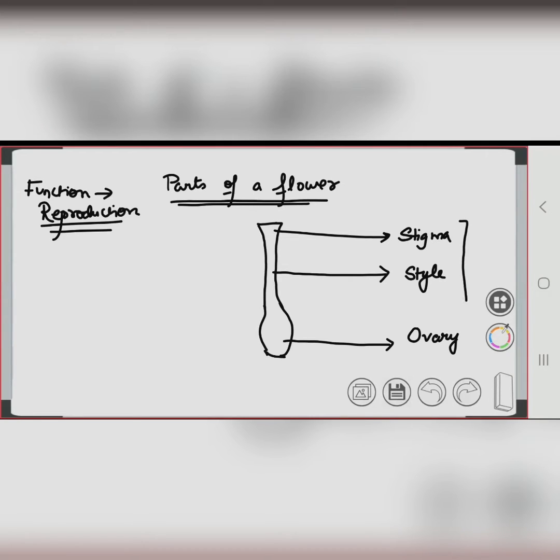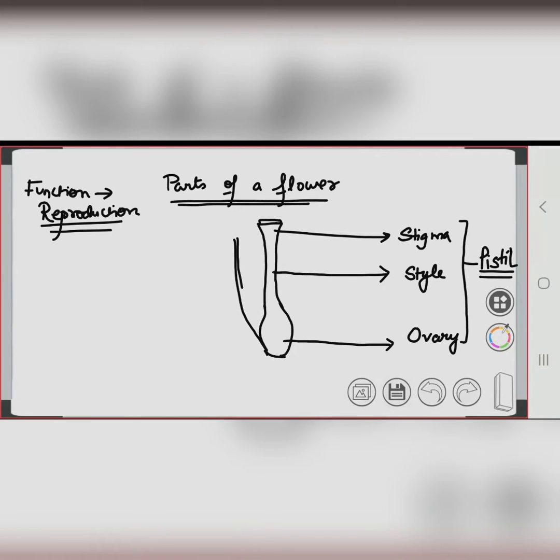All these three together are called the pistil, the female part of the flower. Next, the stigma is sticky. The uppermost part of the pistil, which is the stigma, is the sticky portion. I'll tell you why it is sticky.